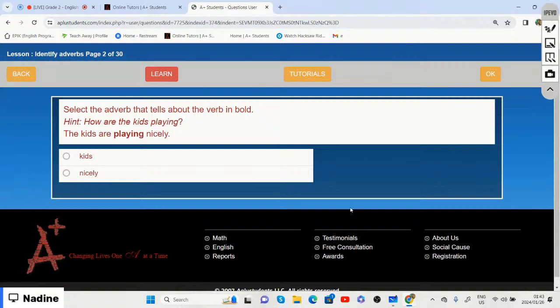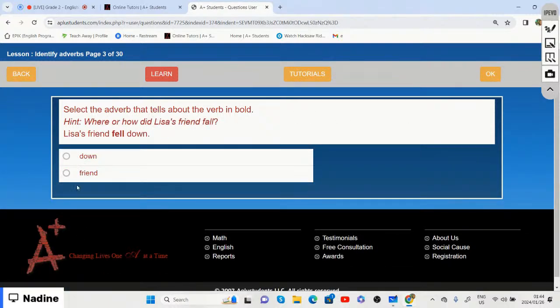Then we can say our adverb is nicely. How the kids play: nicely.